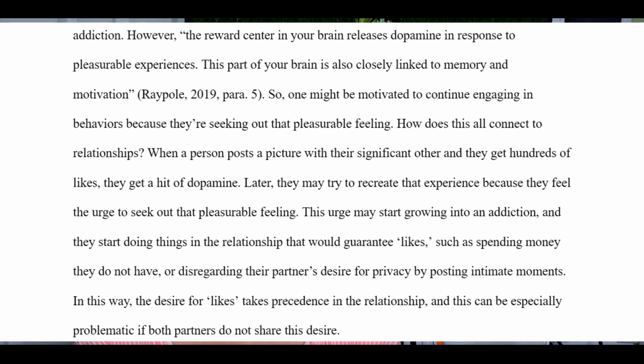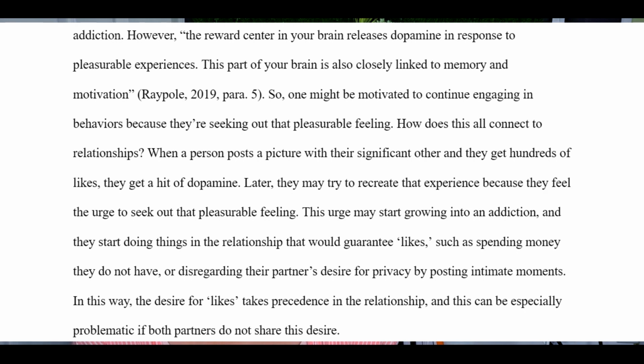How does this all connect to relationships? When a person posts a picture with their significant other and they get hundreds of likes, they get a hit of dopamine. Later, they might try to recreate that experience because they feel the urge to seek out that pleasurable feeling.